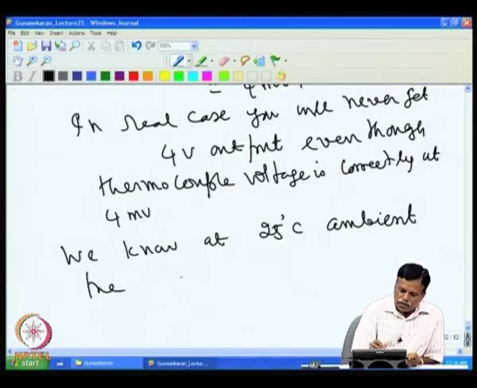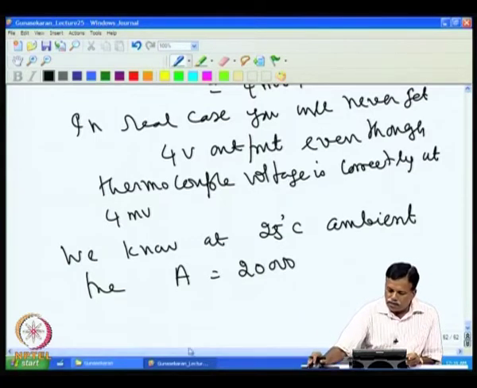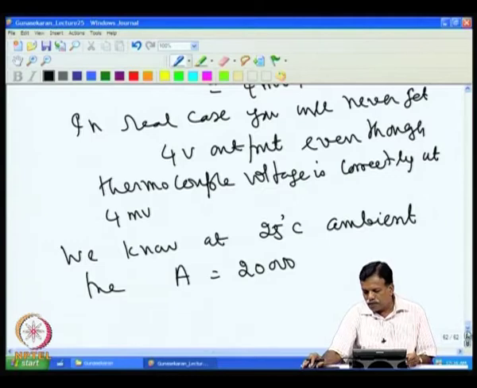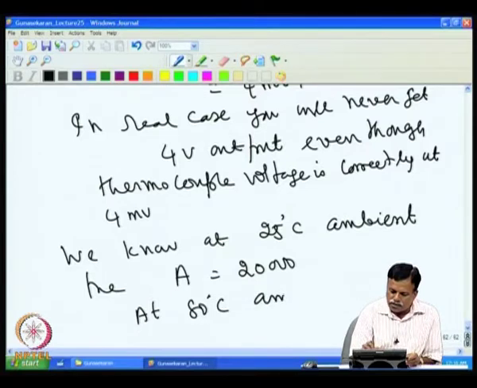the A is equal to 20,000. At 80 degrees C ambient, A is equal to 30,000.